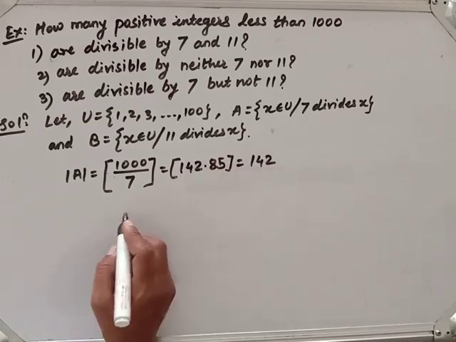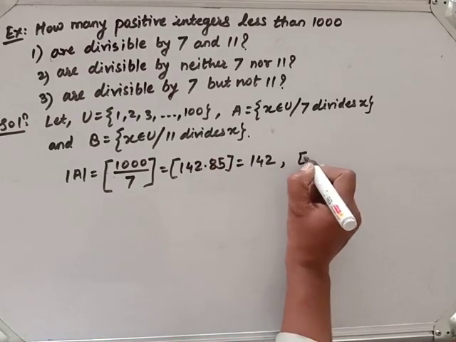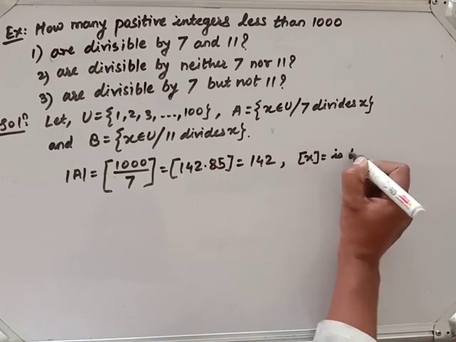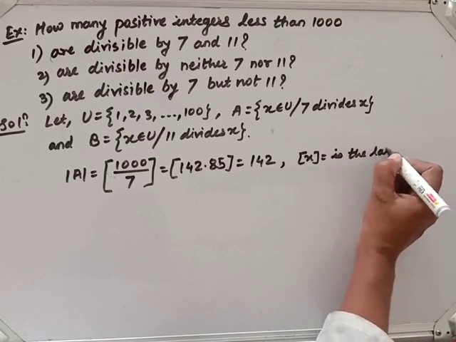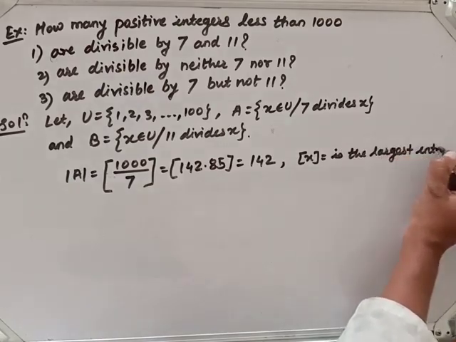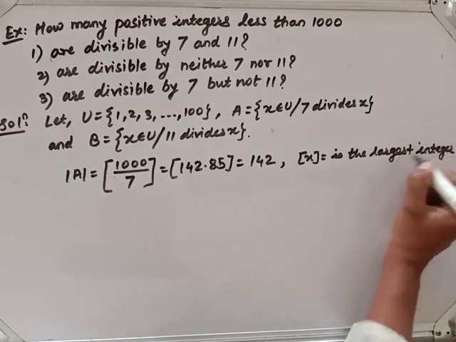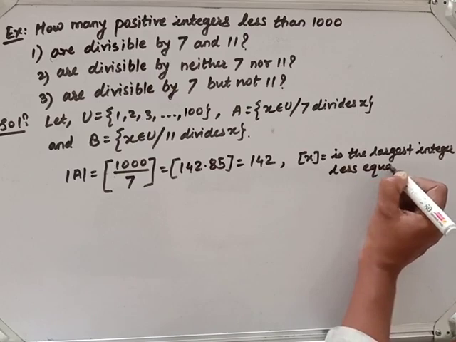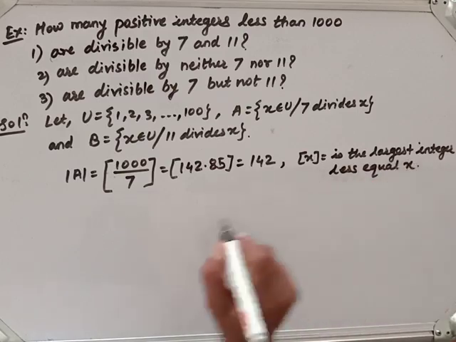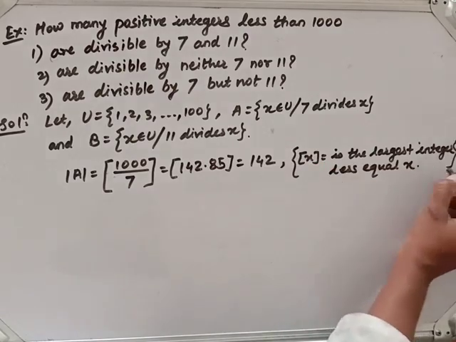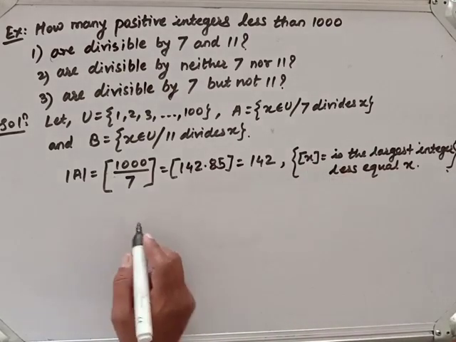Actually, this greatest integer function is the largest integer less than or equal to x. This is one definition of the greatest integer function.